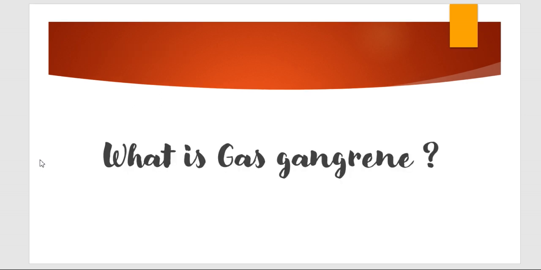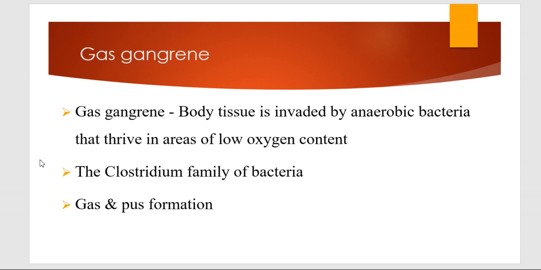And the first question is, what is gas gangrene? The gas gangrene, basically just remember one family of bacteria, that is Clostridium, and that's why this gas gangrene is also known as Clostridial myonecrosis, right?